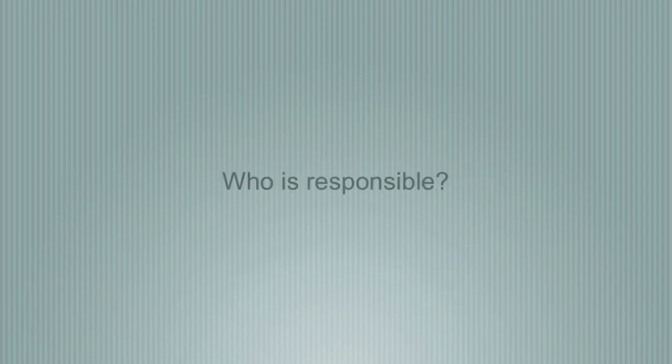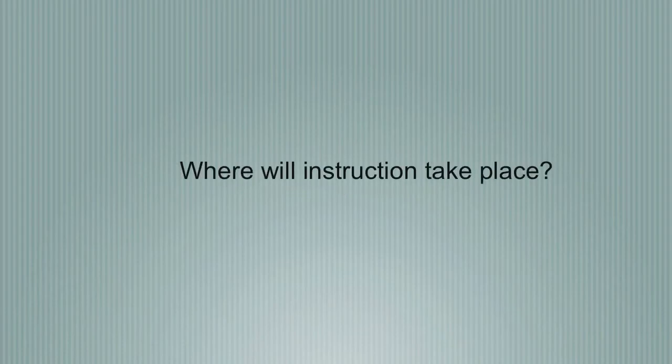We also think about who's responsible. Obviously, primarily in elementary school, it is the classroom teacher who is responsible, but working under that classroom teacher's guidance, we could have EAs. In middle school and upper school, the learning strategies teacher could be involved. And we also think about where will the instruction take place.